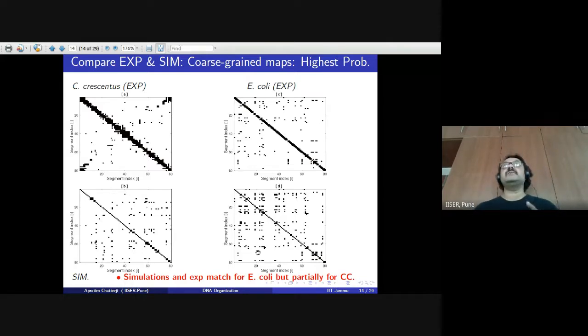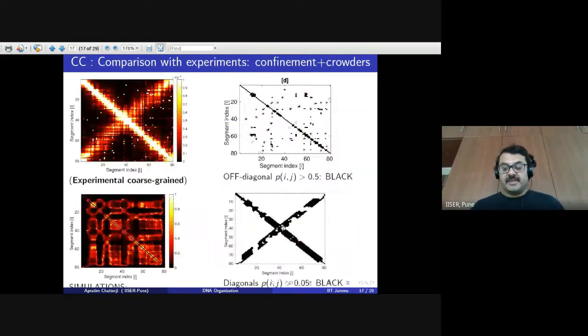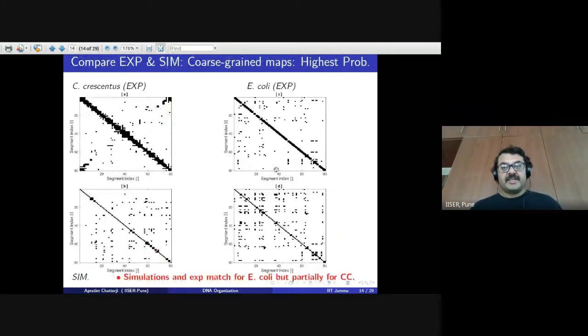Now, it will take you some time to actually go point by point and compare, but what I can tell you is that for E. coli, the simulation data with a very small number of constraints matches rather well with the experimental data. But in the Caulobacter crescentus experimental data, you have this other diagonal, which we don't find. So something is not right in our model. We have to add something. There's some other phenomenon at work.